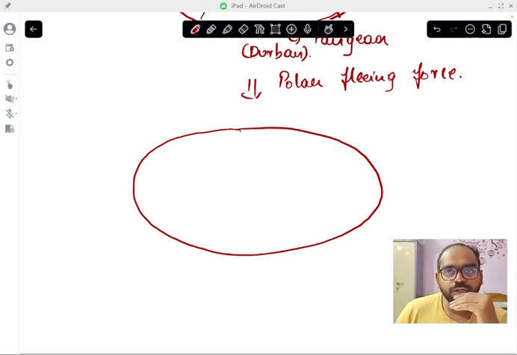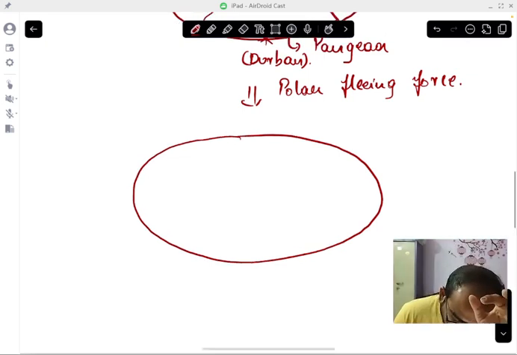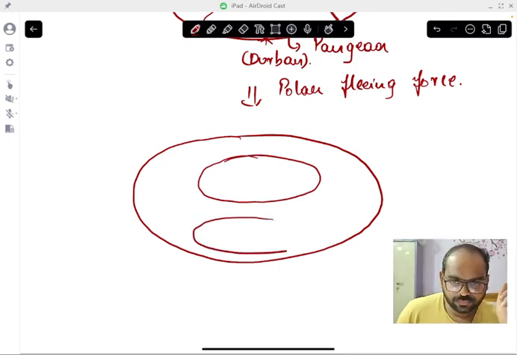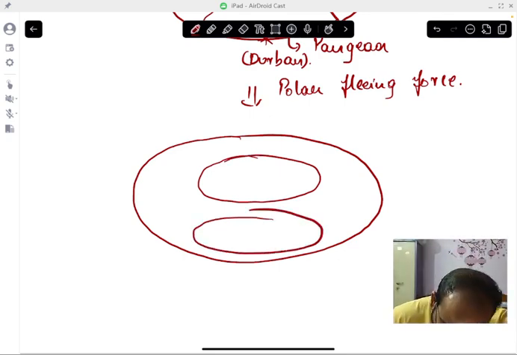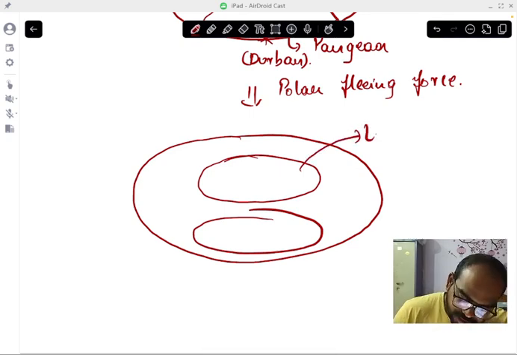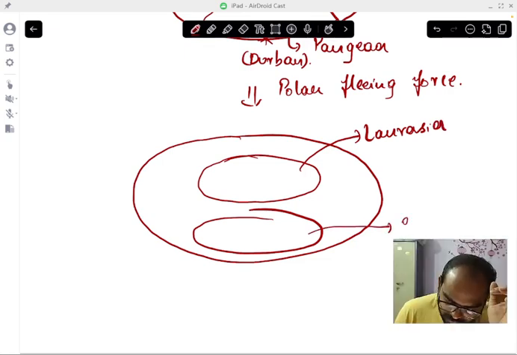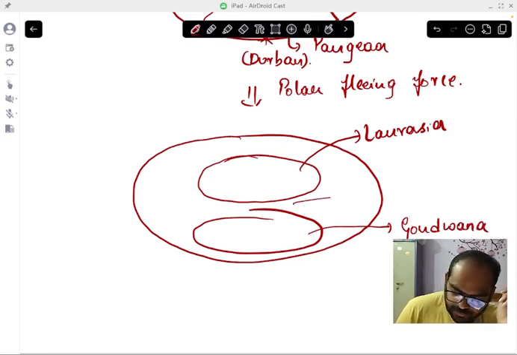Pangaea started moving towards the equator, and it got divided into Laurasia and Gondwana, and in between them there is the Tethys Sea.